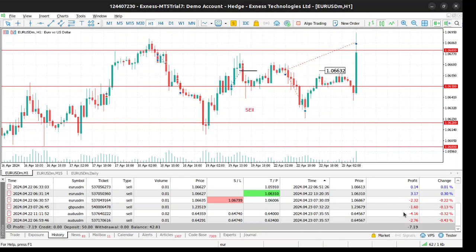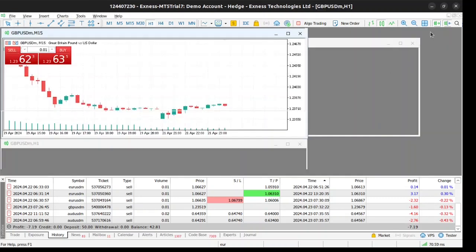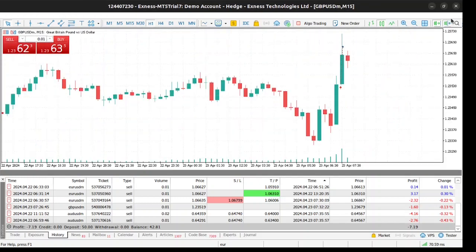Okay, in Euro USD. Second, I will take GBP USD. Let's see what happens there.